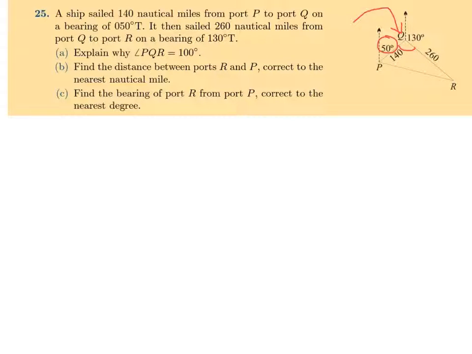So, we can say that, let's label this north and north dash. So, we can say that angle north dash QP is equal to 180 minus 50, or in other words 130 degrees.